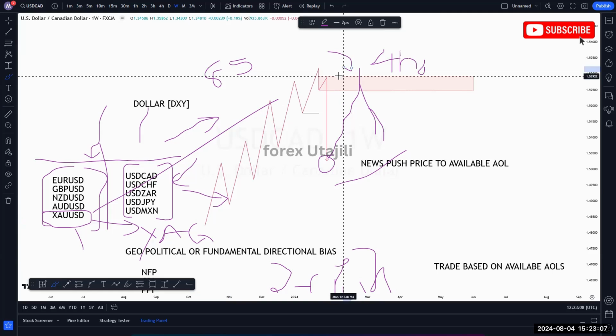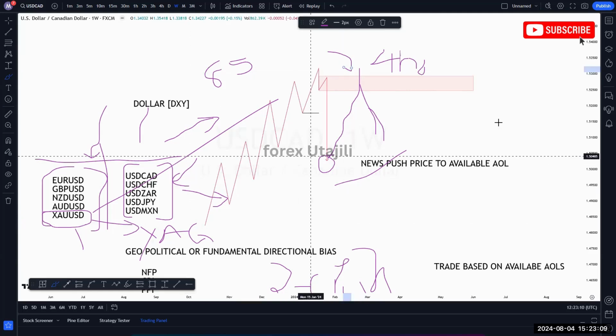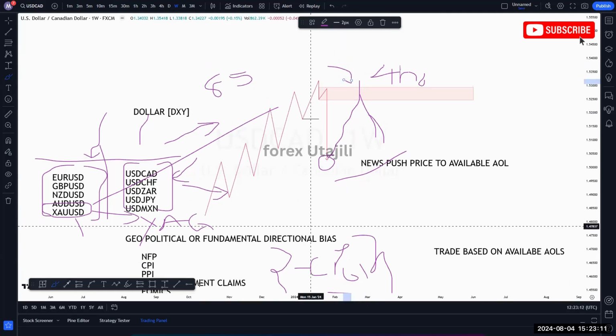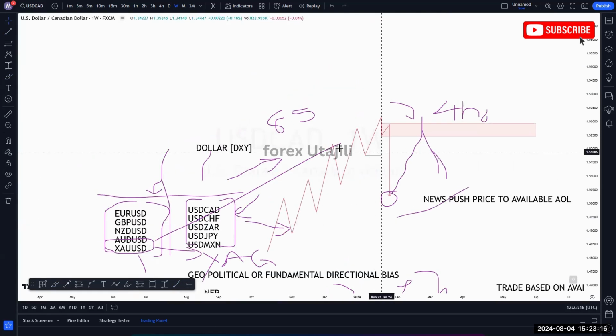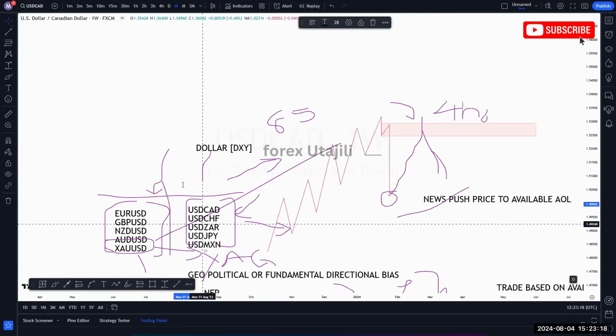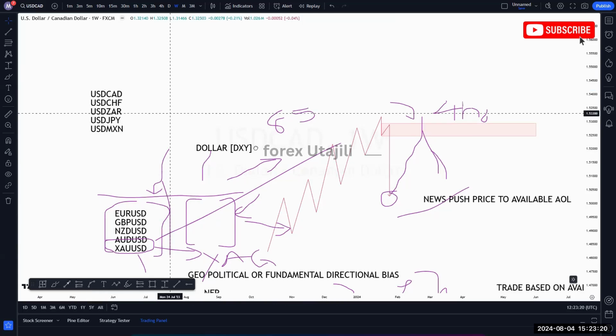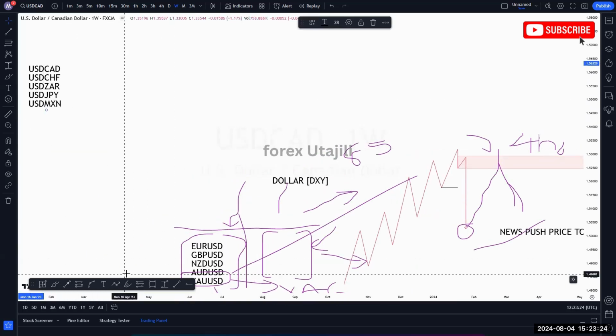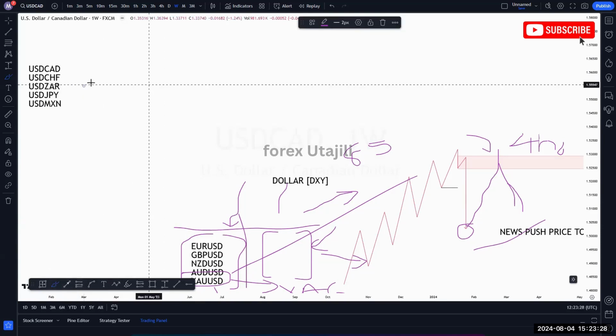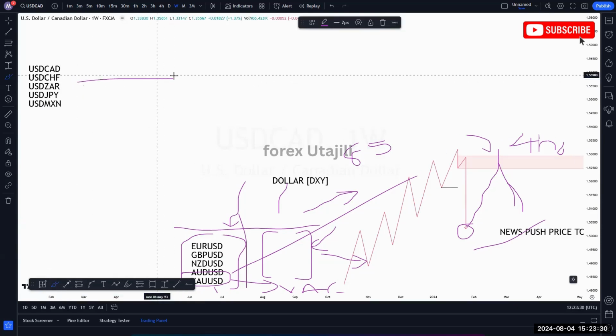They may not be exactly similar, but their structures will be a bit related to whatever the DXY is printing.